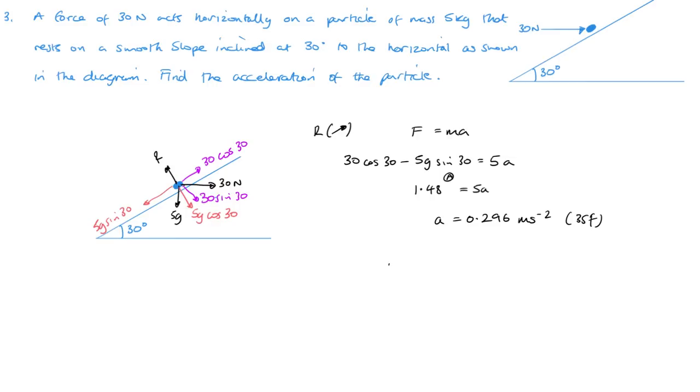Okay, so the particle accelerates up the slope at 0.296 meters per second squared. Okay, so just make sure you do that on there, or add your positive direction onto your diagram.